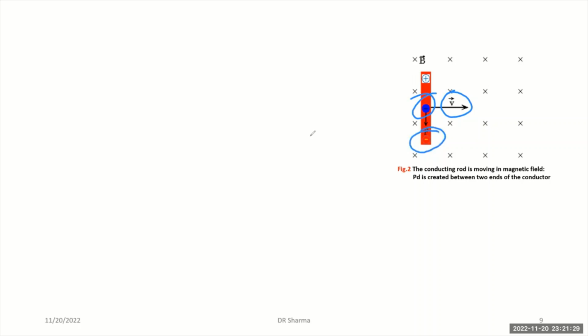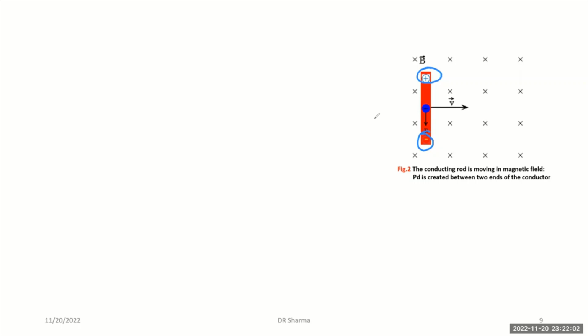The lower end will have negative charge density and the upper end will have corresponding positive charge density. So there is a potential difference created between the two ends of the conductor. Upper end is at higher potential, lower end is at lower potential. Now this conductor behaves as a battery. As long as it remains in motion, it will behave as a battery.